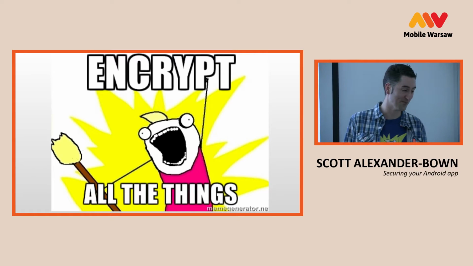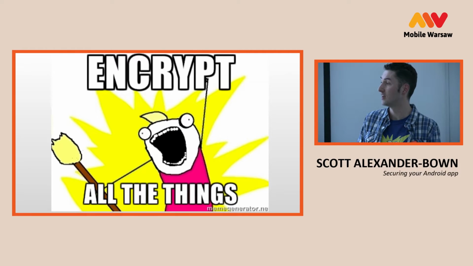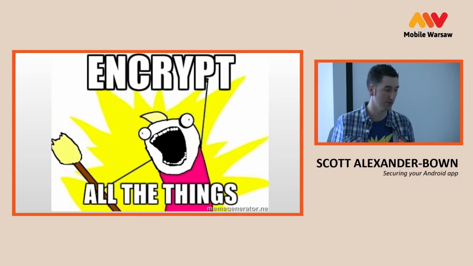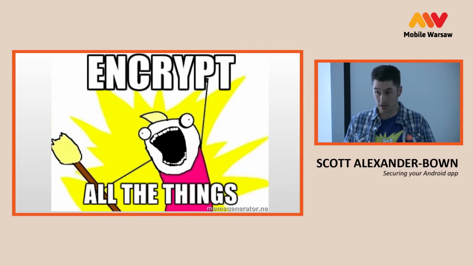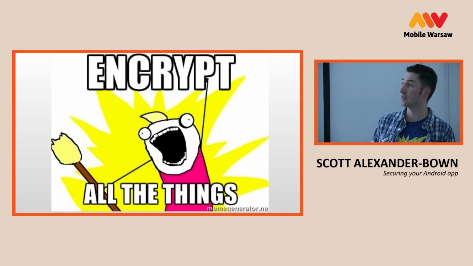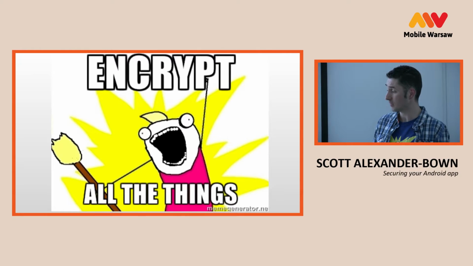I don't know why, but if you're storing data on the device, you must encrypt it. There's no two ways about it really. If it's anything that's personal to the user or valuable information, you should be encrypting that.